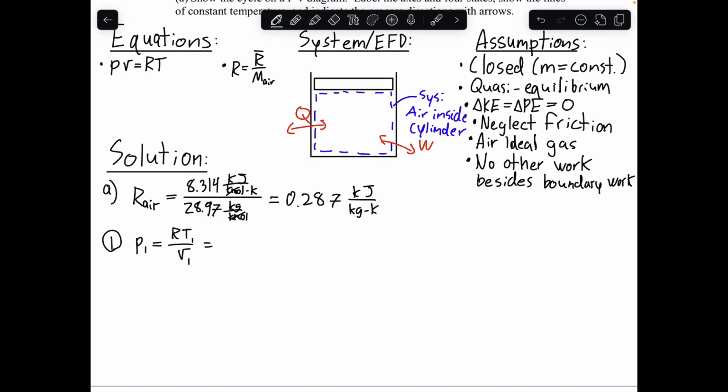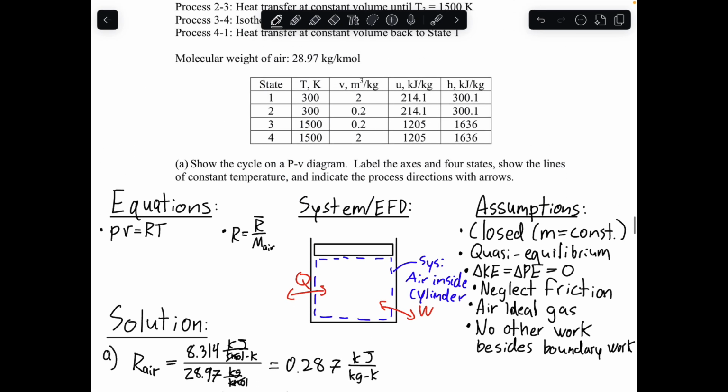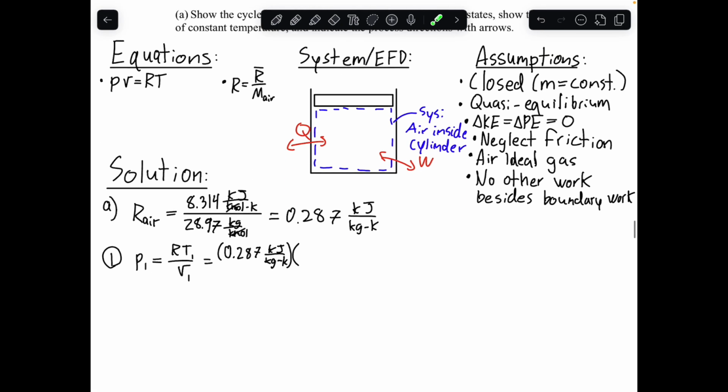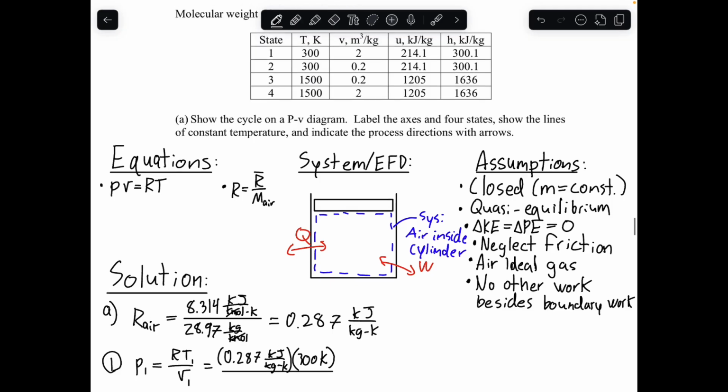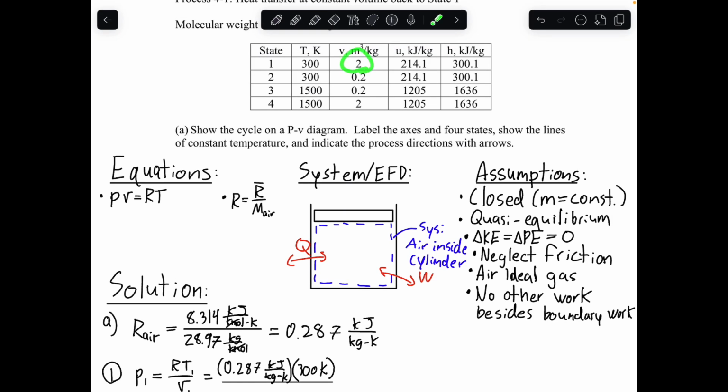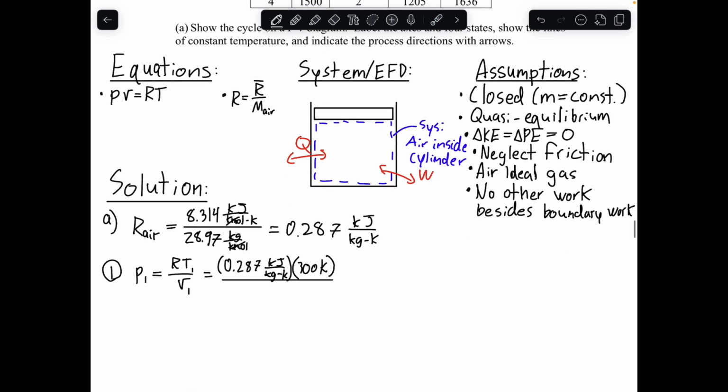And so this will equal 0.287 kilojoules per kilogram Kelvin. That's our R times our temperature, given in this table as 300 Kelvin, all divided by our specific volume at state 1, which is in our table here as 2 meters cubed per kilogram.